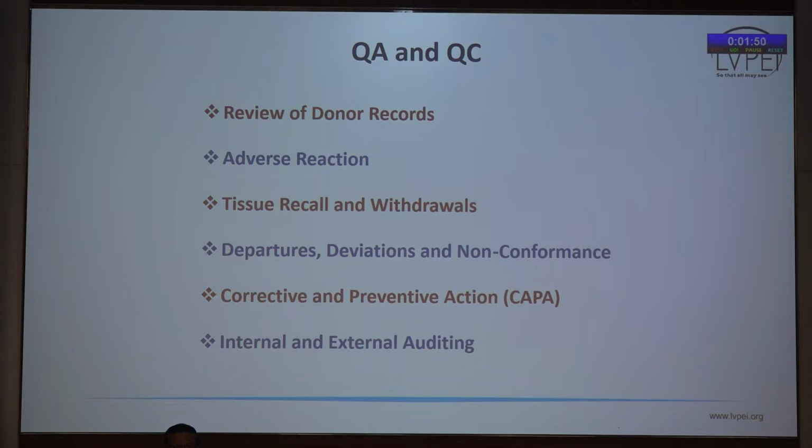The eye bank manager and everybody should be alert, and if it's an adverse reaction, you should immediately do tissue recall and withdrawal. Sometimes you get a postmortem report and the tissue cannot be used, so tissue recall and withdrawal. Any deviation, non-conformance, and CAPA, corrective action, preventive action, are all like NABH, but many hospitals are not NABH, but the eye bank can do all this.